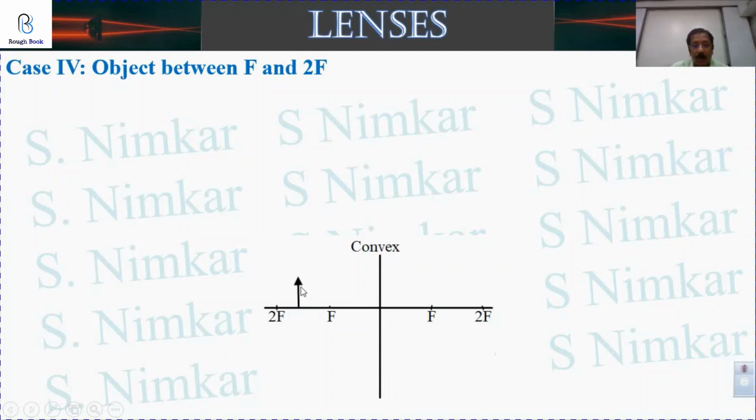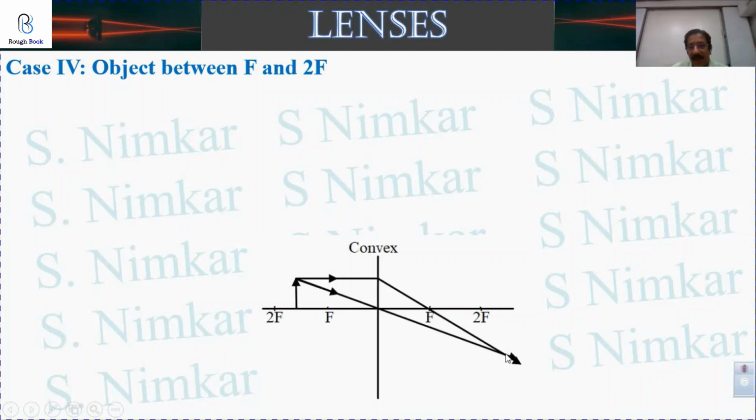So a linear object is drawn. One ray is parallel to the principal axis. After refraction, it passes through the focus. Another ray is passing through the optical center, travels undeviated, and wherever they intersect, you get the image over there.